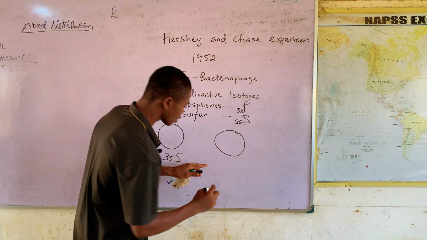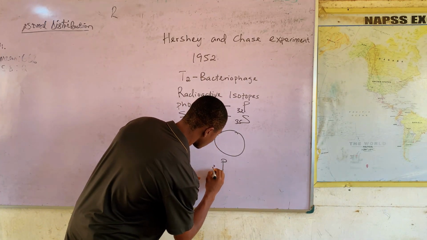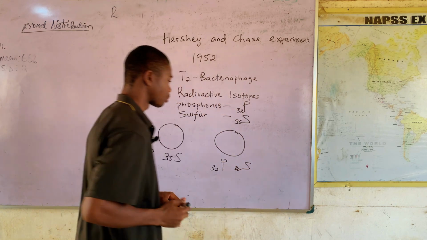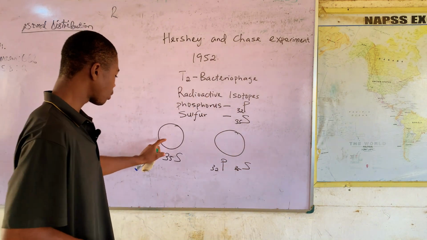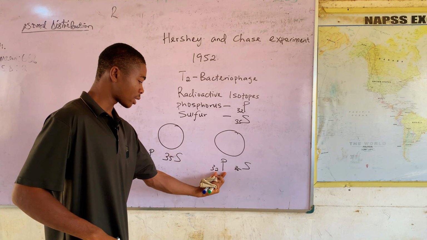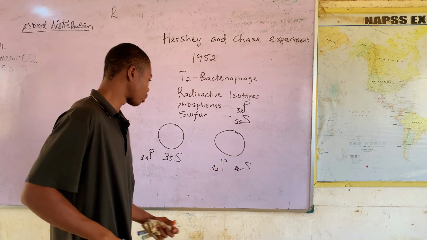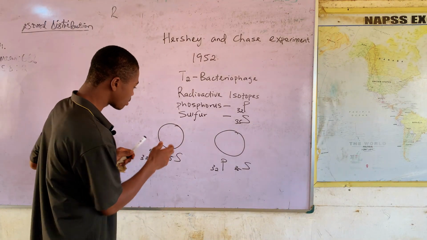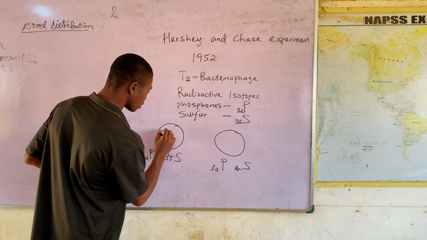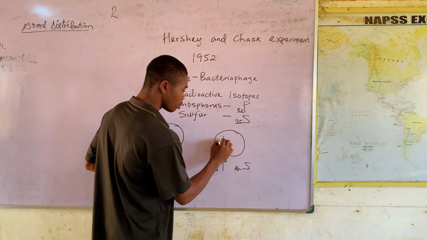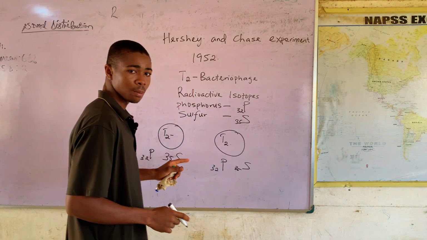Same as this medium as well, it contained radioactive phosphorus and radioactive sulfur. This one too contained radioactive phosphorus and radioactive sulfur. But take note that in this medium there was the presence of T2 bacteriophage, and T2 bacteriophage in this one as well.